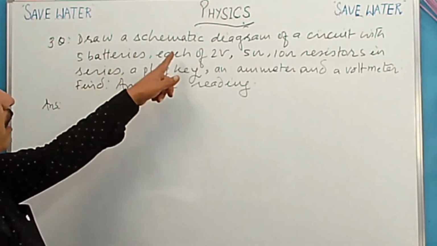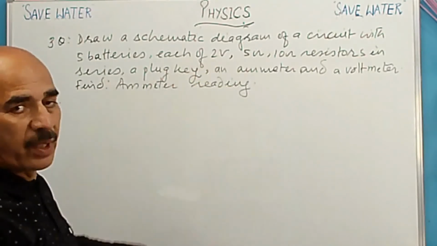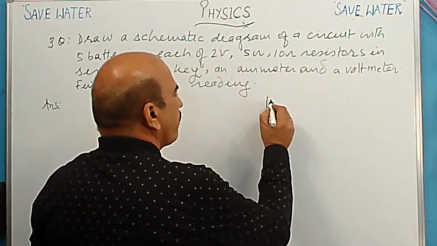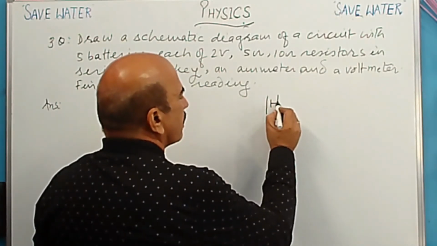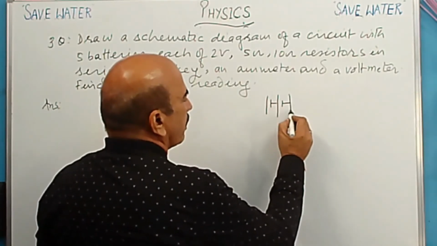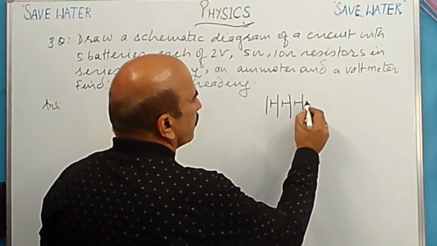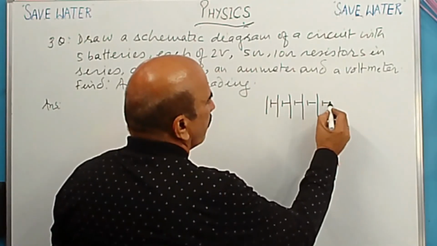तो देखिए विथ 5 बैटरीज, 5 बैटरीज ईच ऑफ 2 वोल्ट. तो हम इसमें शुरू करते हैं. तो दिस इज पॉजिटिव, नेगेटिव 1 हो गया हमारा. देन दिस इज अनदर बैटरी, 2 बैटरी हो गया. दिस इज third, now fourth, now it is fifth.